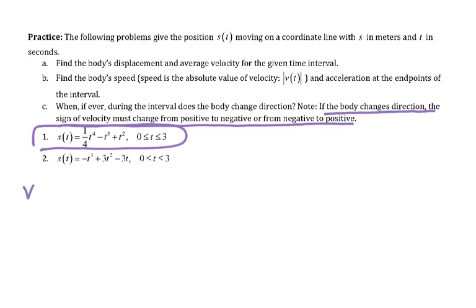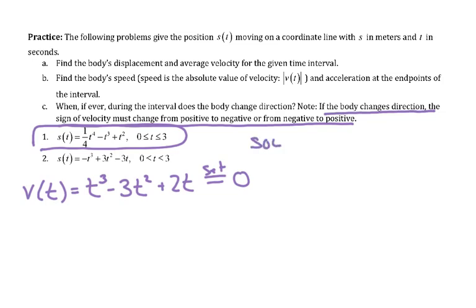So we find the velocity function, which we've already done. That was t cubed minus 3t squared plus 2t. We're going to set it equal to 0 and solve for t, because we want to find when the velocity is equal to 0.